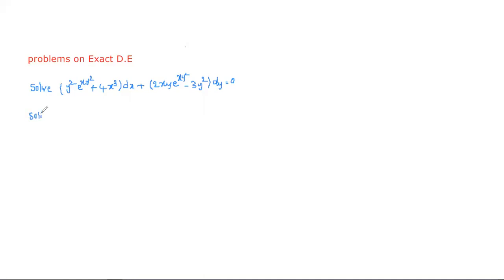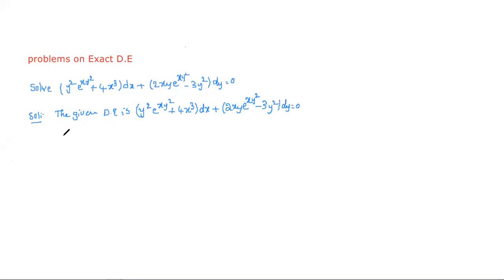The given differential equation is, so write it down as it is: (y² e^(xy²) + 4x³) dx + (2xy e^(xy²) − 3y²) dy = 0.